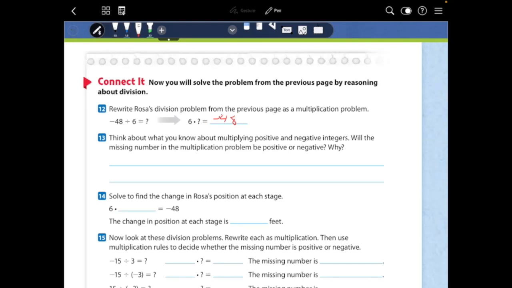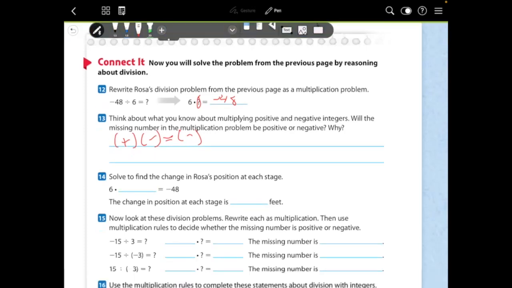Think about what you know about multiplying positive and negative integers. Will the missing number in the multiplication problem be positive or negative? Why? We know that a positive times a negative equals a negative. So our missing number right here will have to be a negative number because of the multiplication rules.